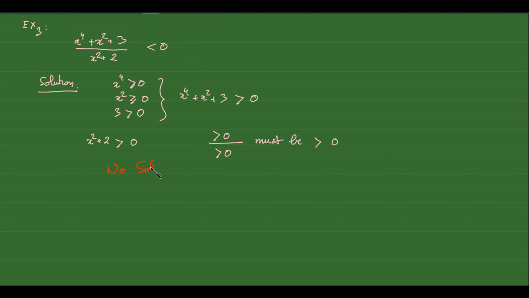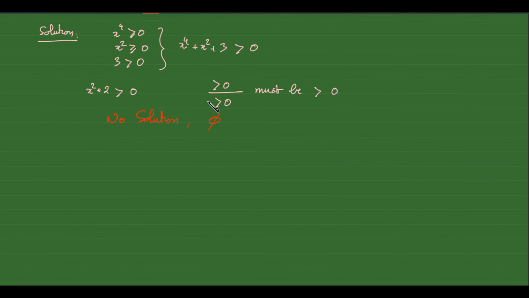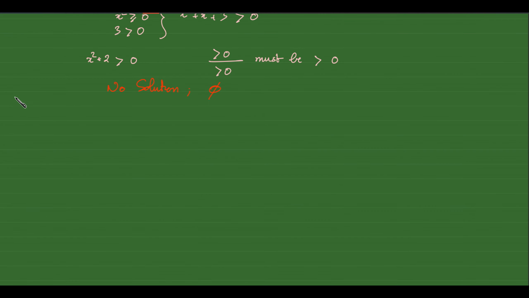Or we can write it like this: no solution. Okay, so this is some kind of logic I want you to have. Some problems you don't have to do anything, you just apply the logic. Okay. All right. Now let's do another example. Example 4.